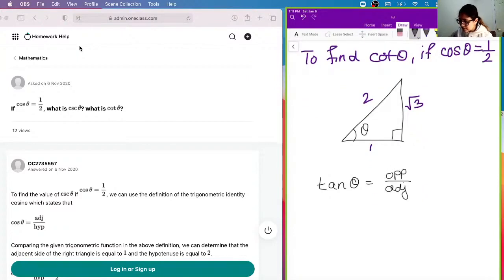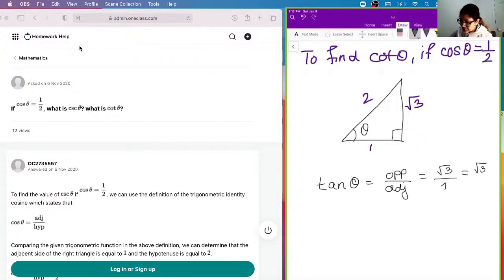Looking at the angle theta, the opposite side is root 3 and the adjacent side is 1, so root 3 divided by 1 is just root 3.